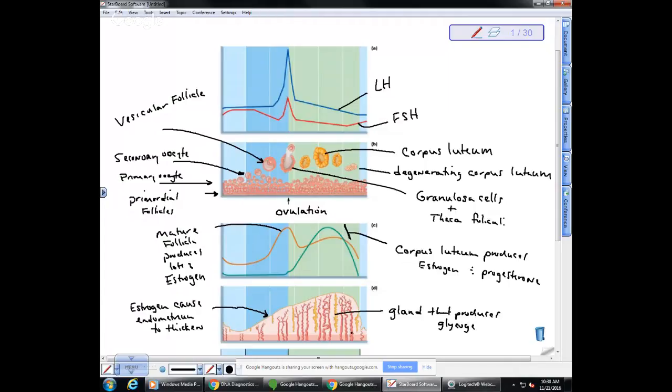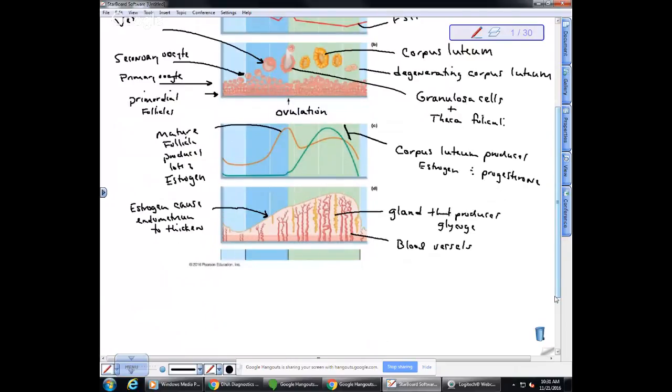Right? And these are blood vessels. So if the embryo does implant, it will have nutrients, and it will also have a supply of oxygen and nutrients from the maternal circulation. And so those blood vessels are going to play a role when we start talking about pregnancy and the development of the placenta.